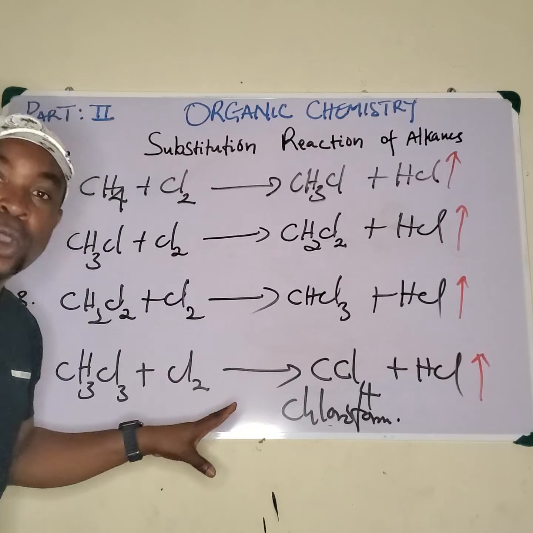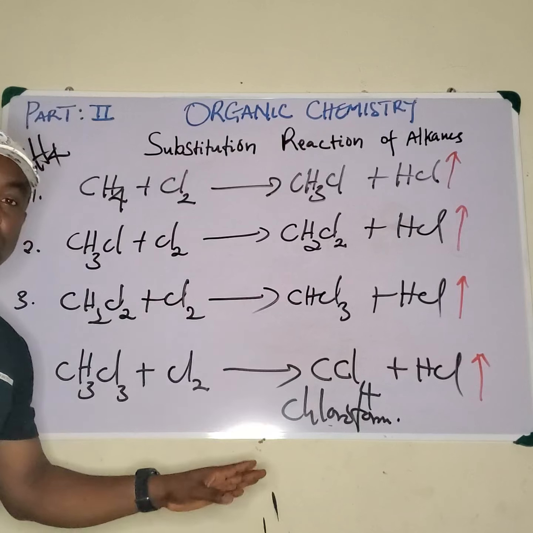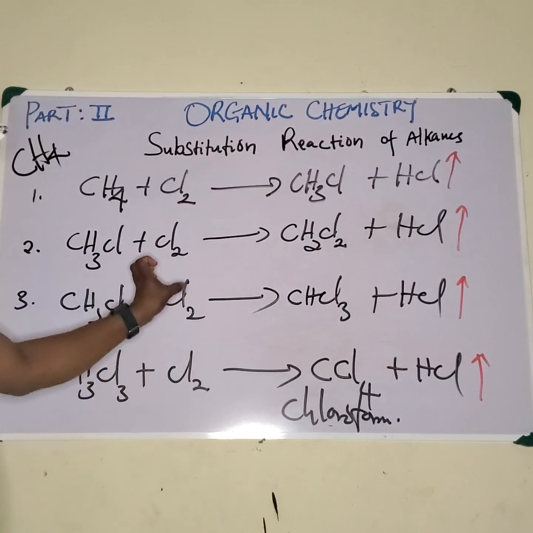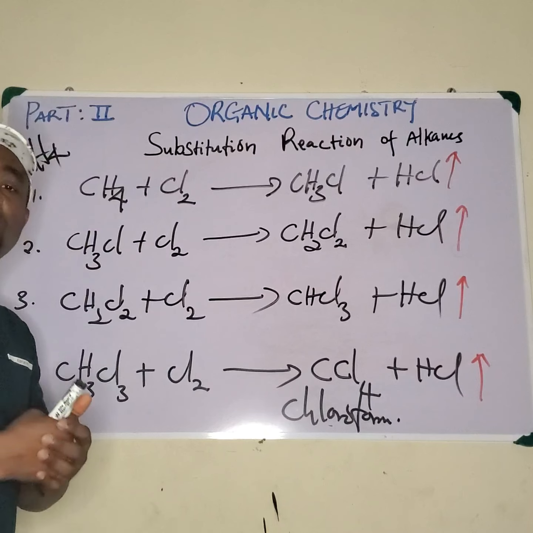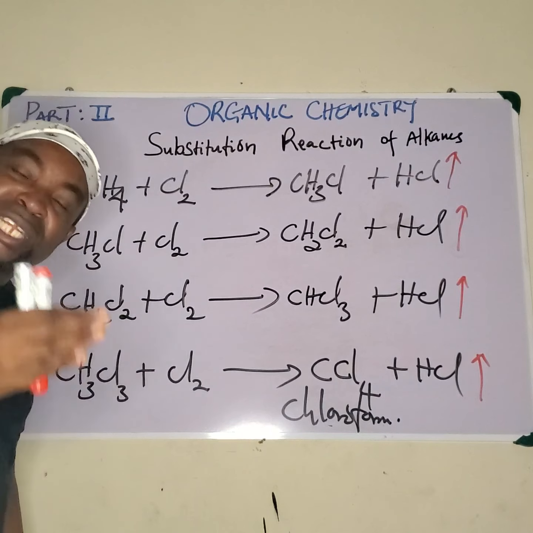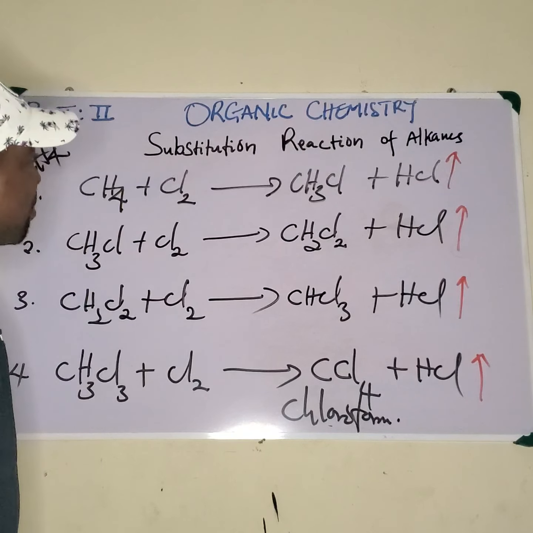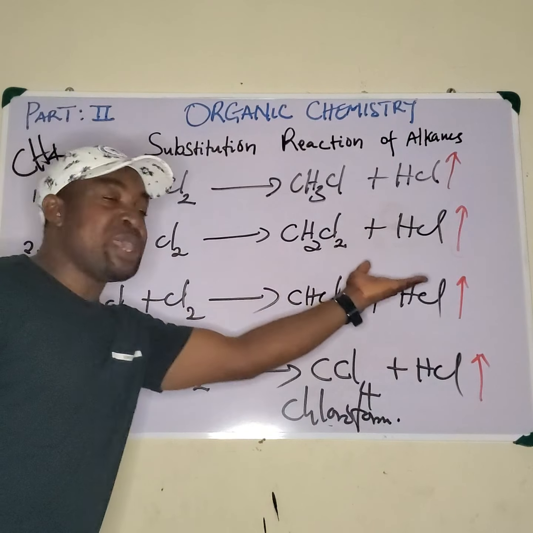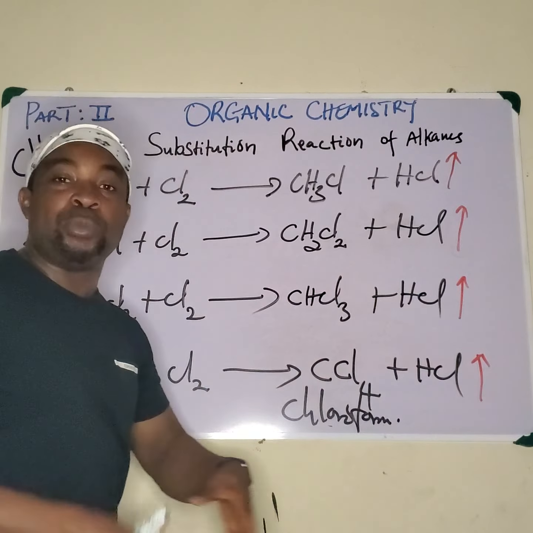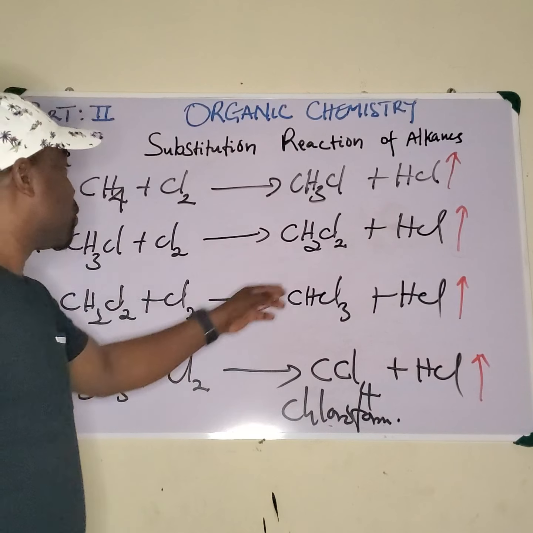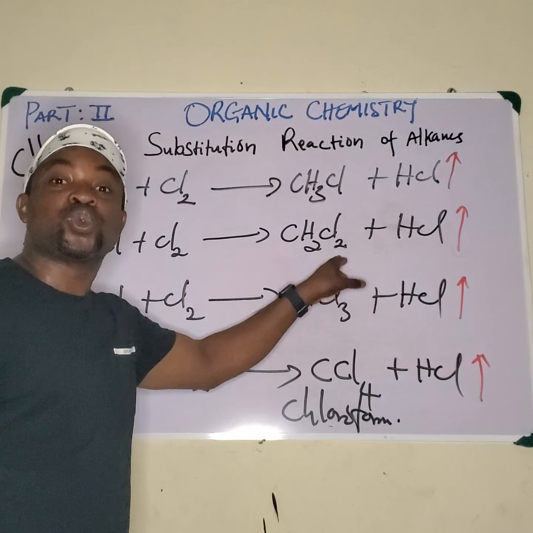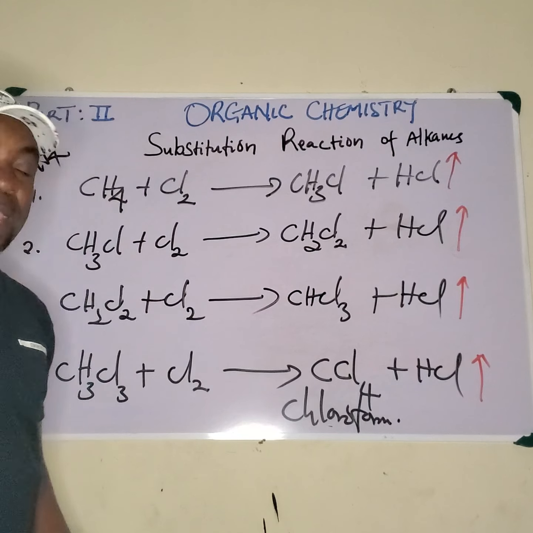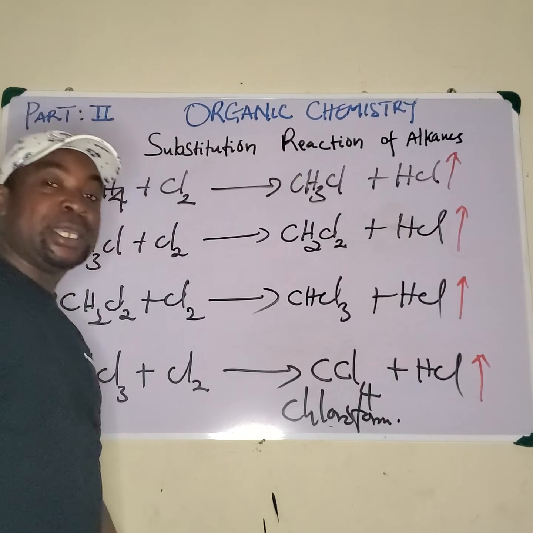This is a typical substitution reaction with halogens, and this reaction is often called halogenation, in a situation whereby alkanes react with halogens. It could be iodine, fluorine, or bromine. All you need to do is substitute the substituents, because the chlorine here is the substituent.